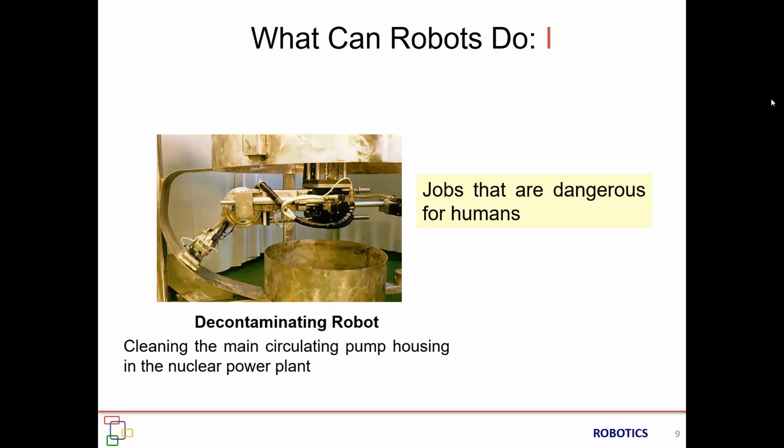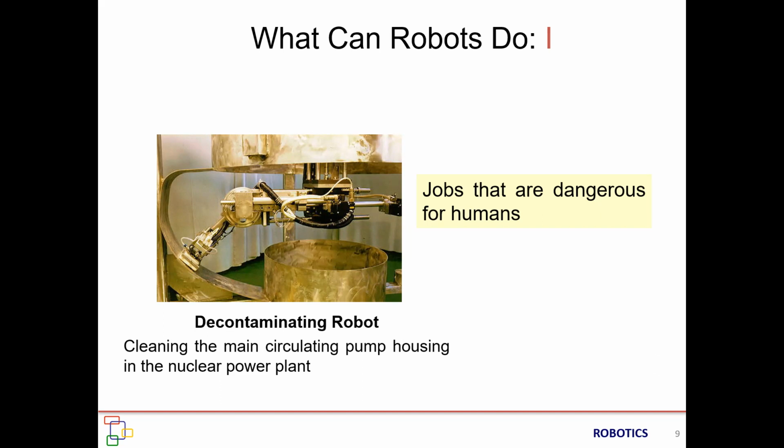So we have something called a decontaminating robot. What does it do? It helps in cleaning the pump housing in a nuclear power plant. When a human has to do this, since it is a dangerous cleaning process, there is a high chance for the human to be affected.